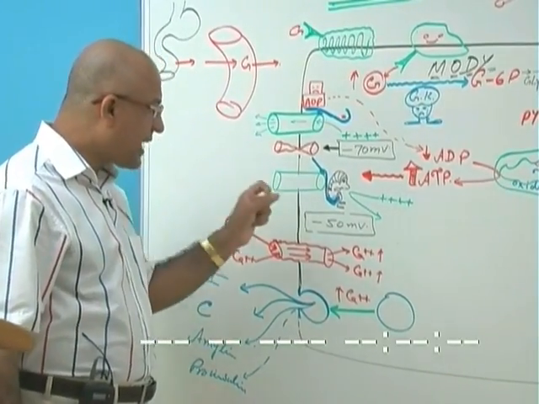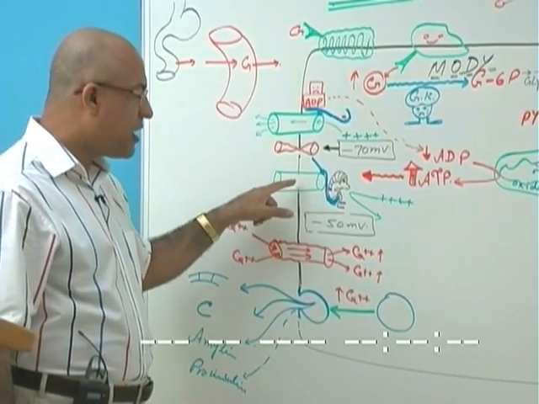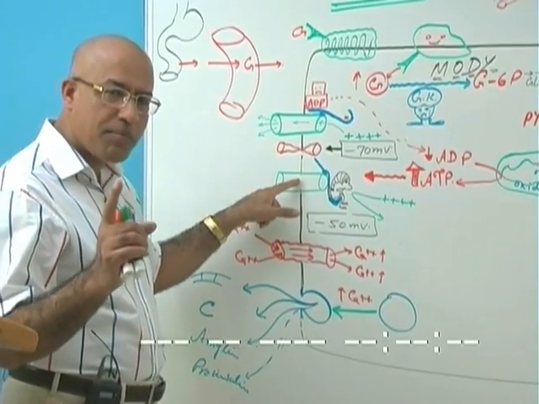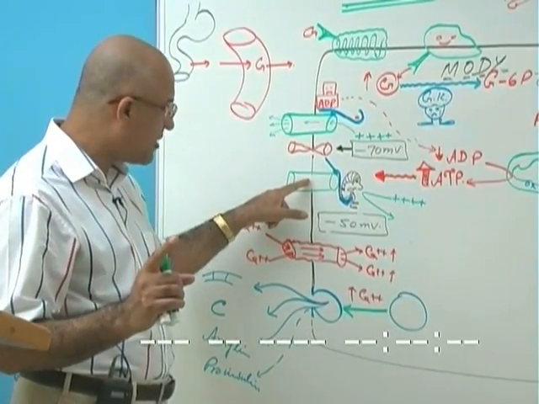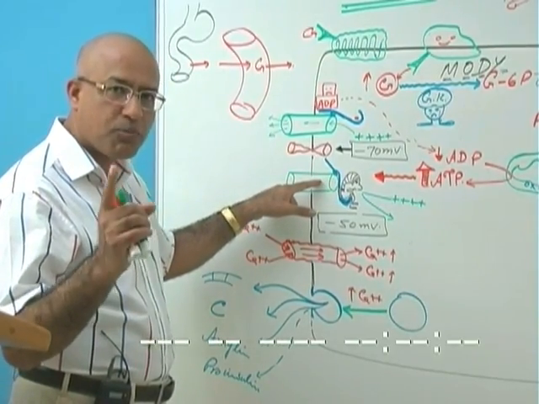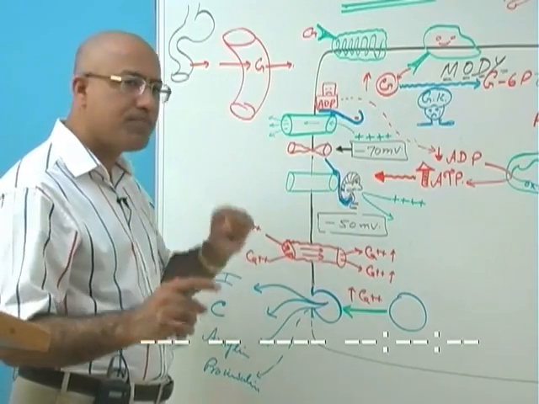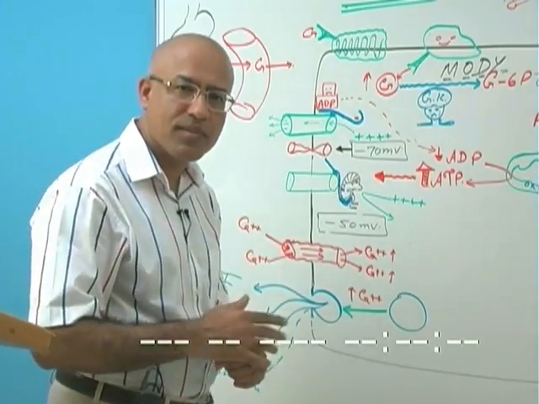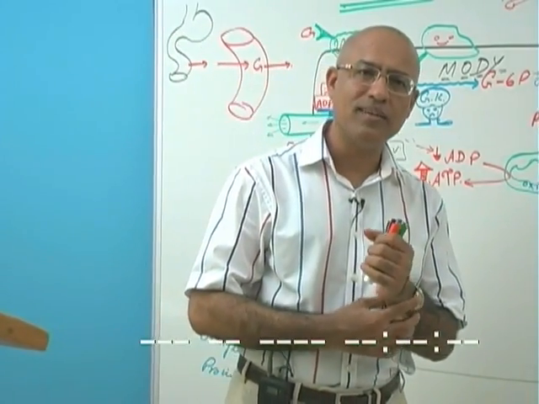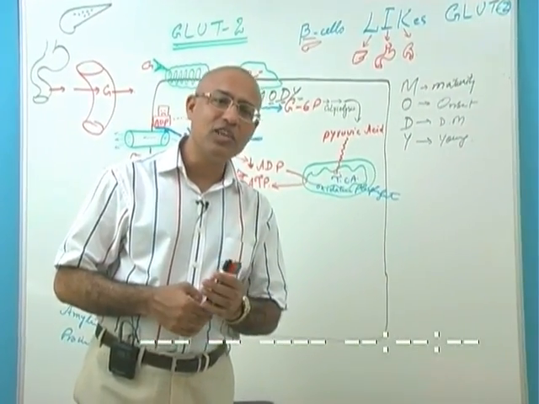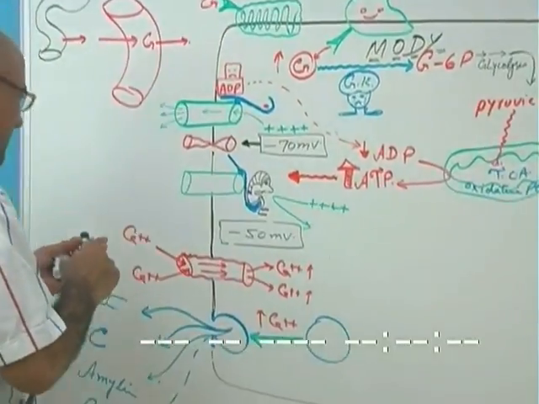Now, can you tell me the name of some drugs or groups of drugs which can inhibit the ATP sensitive potassium channels in beta cells of pancreas? Who will tell me? No one. Yes, Socrates. Sulfonylureas, excellent.